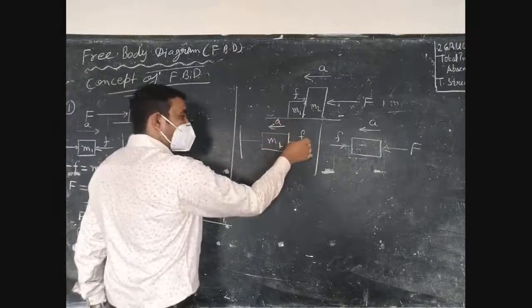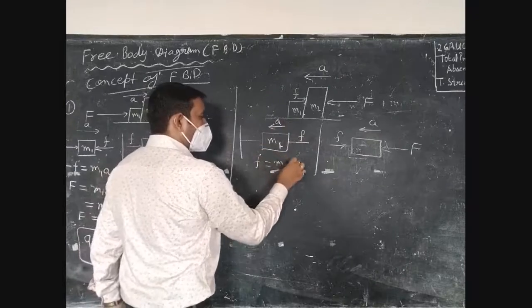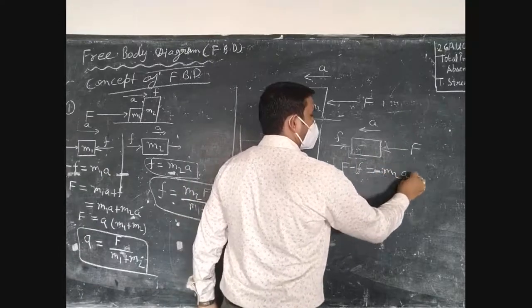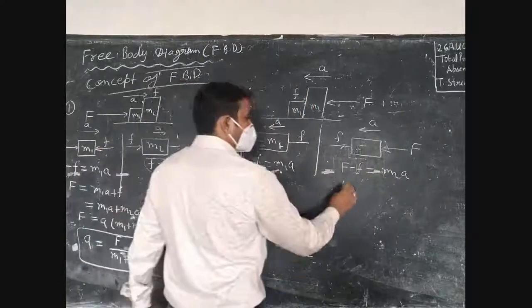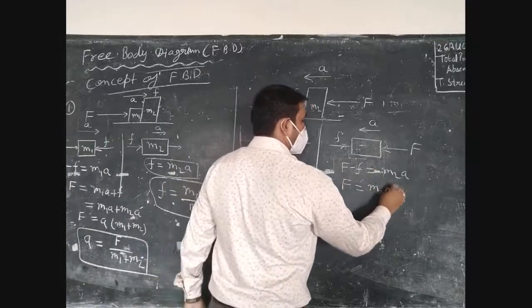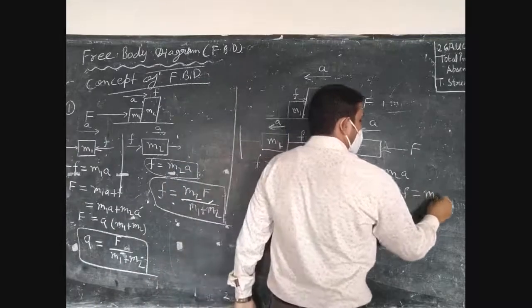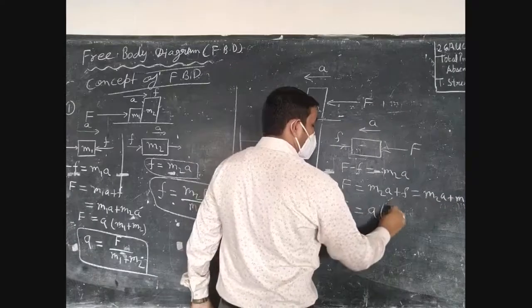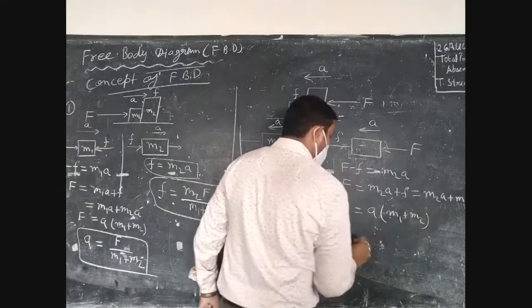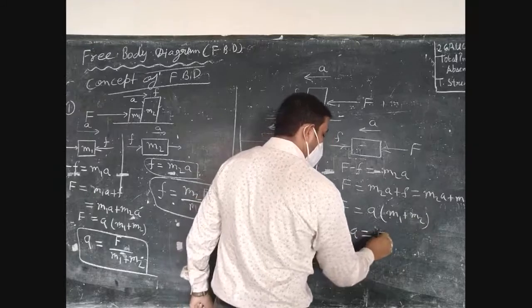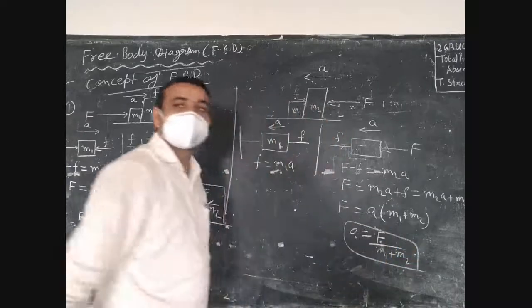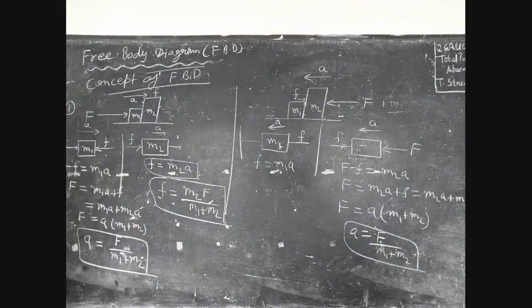Now the equation for this f is m1a, and for this F minus f is equal to m2a. By using the values, this F will become m2a plus f, that is m2a plus m1a. So you will get from here a times m1 plus m2, that is a is equal to F upon m1 plus m2. This is the acceleration. In both the cases, the accelerations are the same if the two masses are the same.